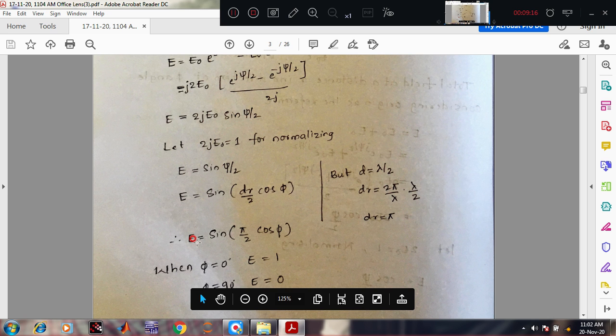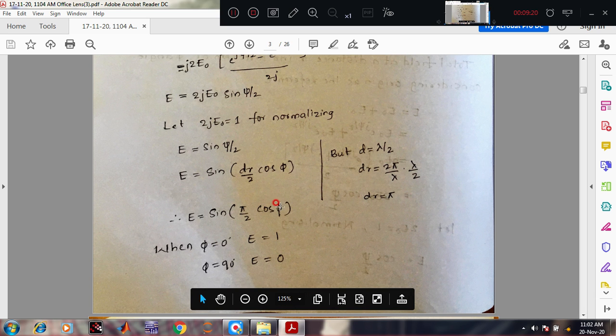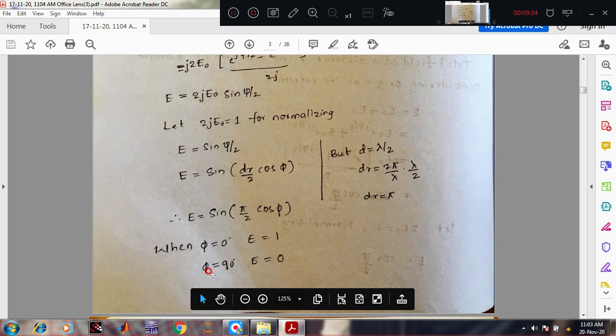Now see, when the value of phi is 0, cos 0 will be 1, into pi by 2, sin pi by 2 will be 1. Therefore E will be 1 when phi is 0. Similarly, substitute different angles. Say phi is equal to 90 degrees here.